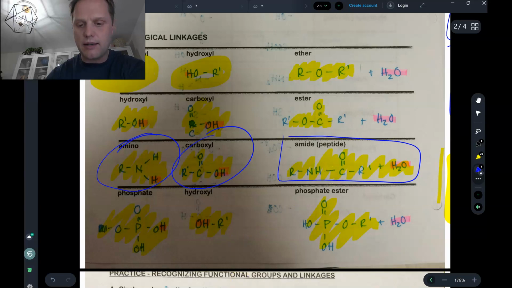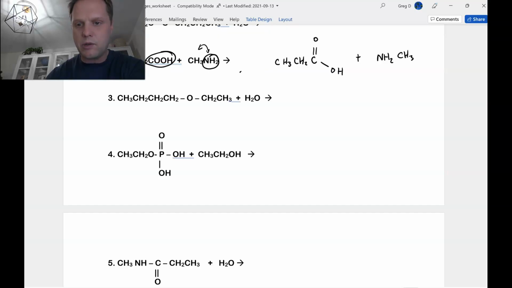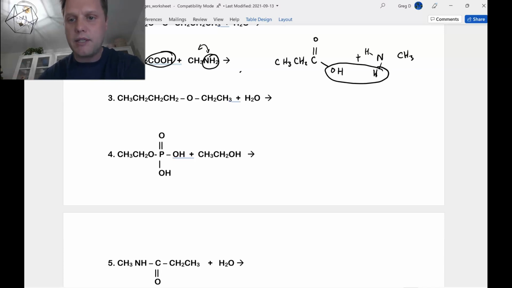Let's look again. You can watch this again if it's a little bit too quick for you. I'm going to highlight the water that I'm going to remove right here. We're removing an OH and an H, and we combine these two molecules together. So this would be connected there.